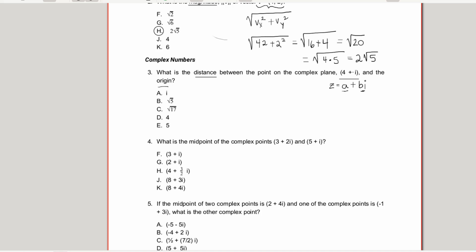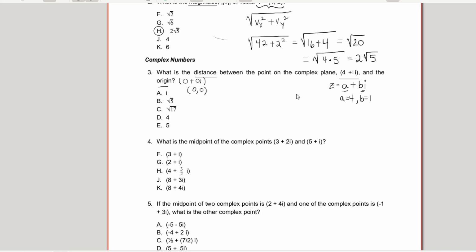We have an understood 1 right here. So in our case, a is equal to 4, and b is equal to 1. And when we're talking about the origin, that is just 0 plus 0i, which is just 0, 0. Same origin as always.